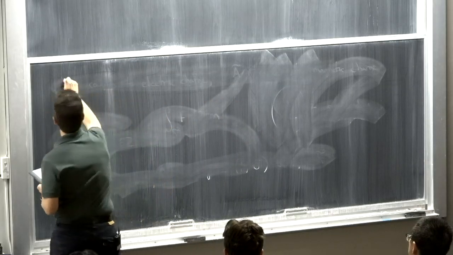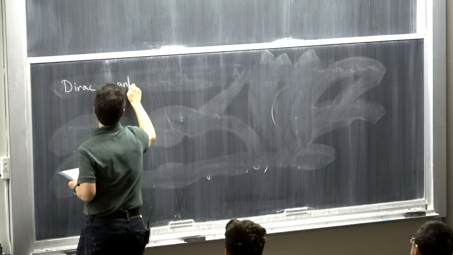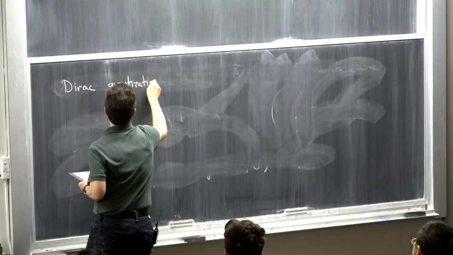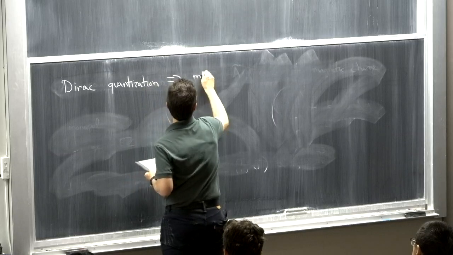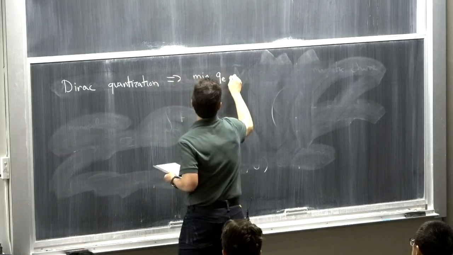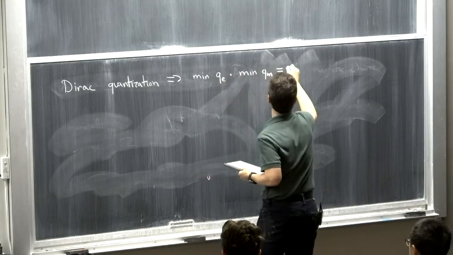Now, Dirac quantization, what does it tell us? It tells us that the minimum Q electric times the minimum Q magnetic is 1.